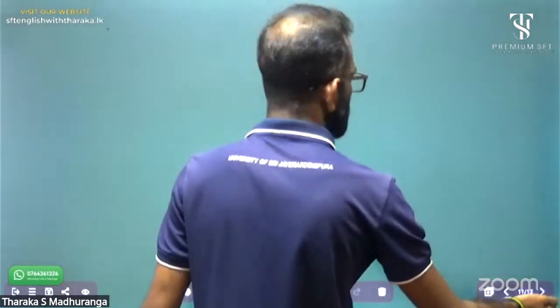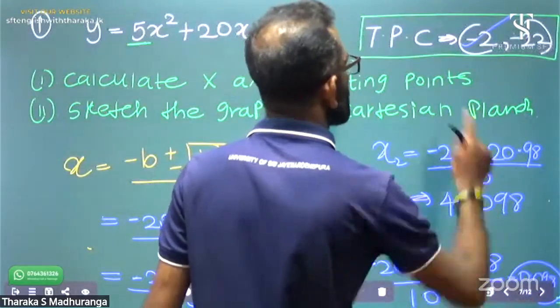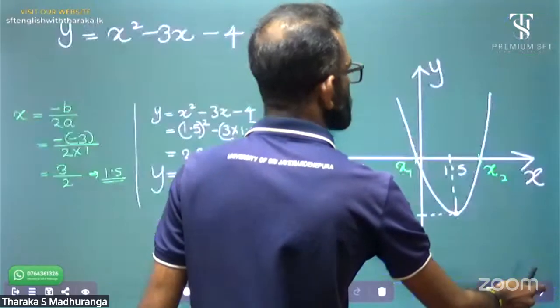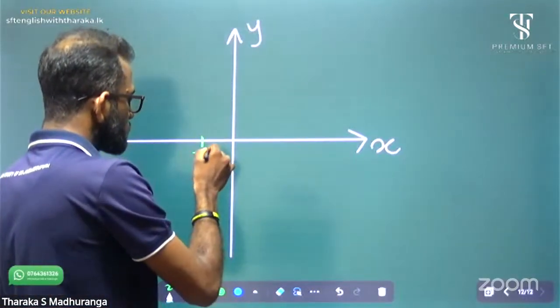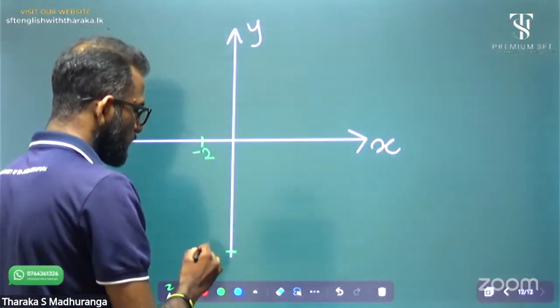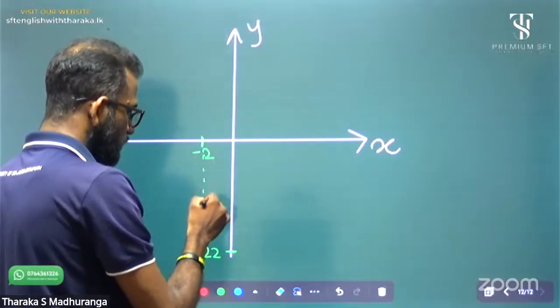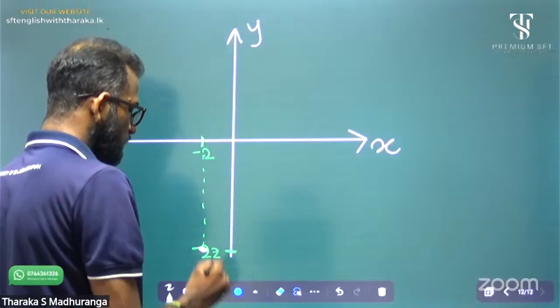This one, at x equals 2, y approximately minus 22. This is the turning point coordinates.